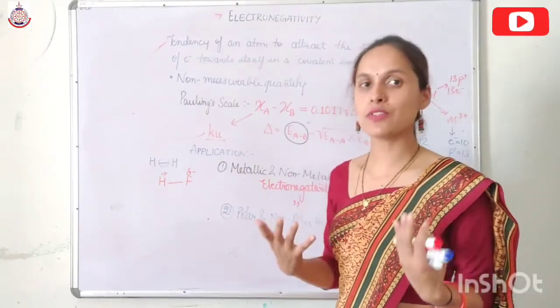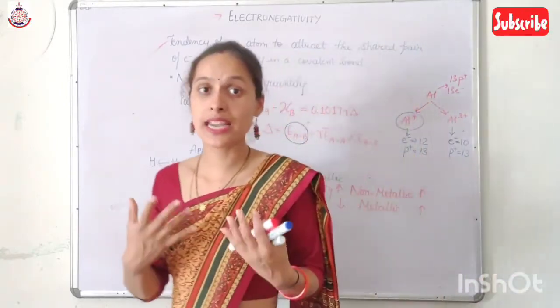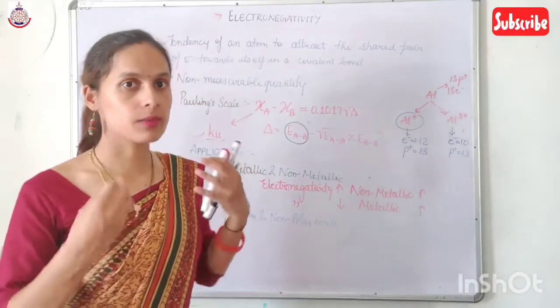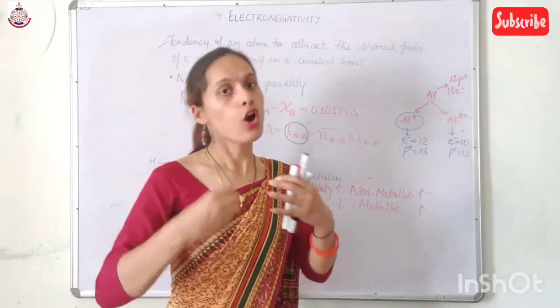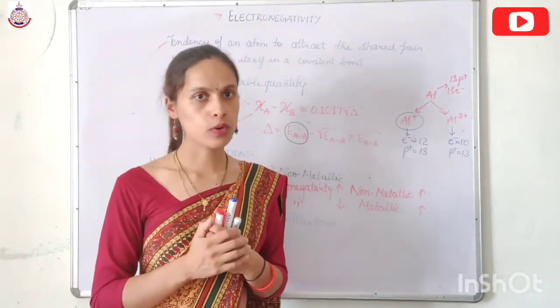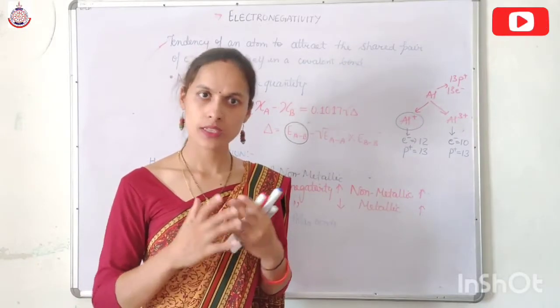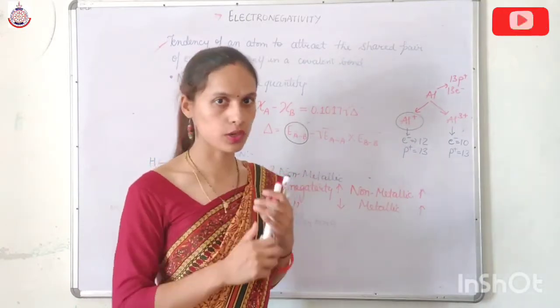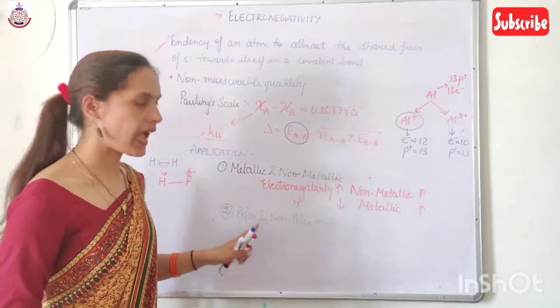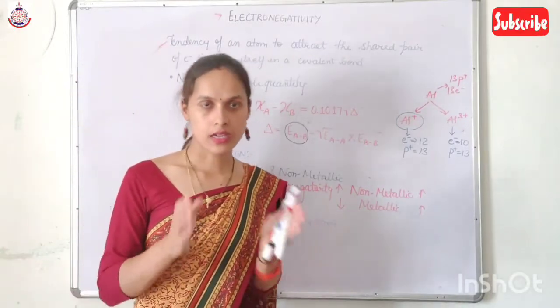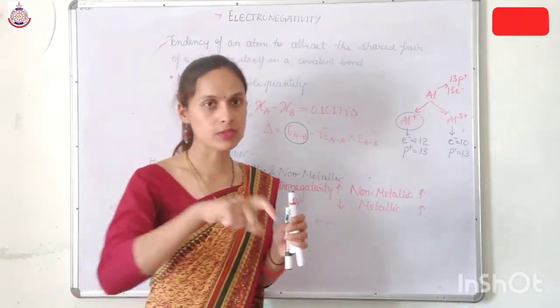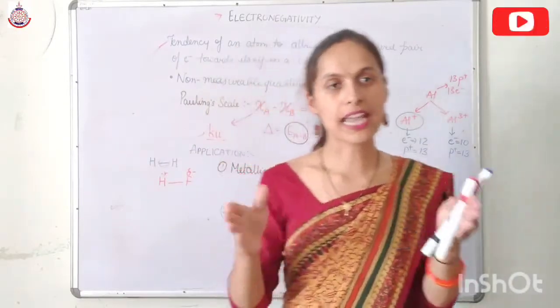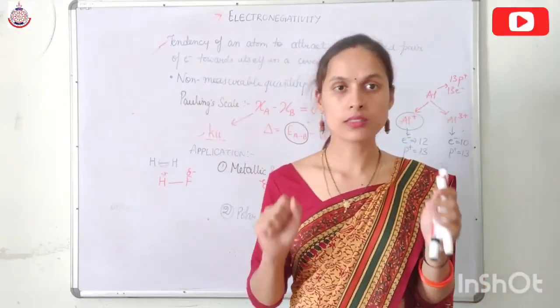So with the help of the electronegativity difference, we get to know whether the bond is a polar covalent bond or a non-polar covalent bond. So if we have the same atoms attached in a bond, then the bond is non-polar.